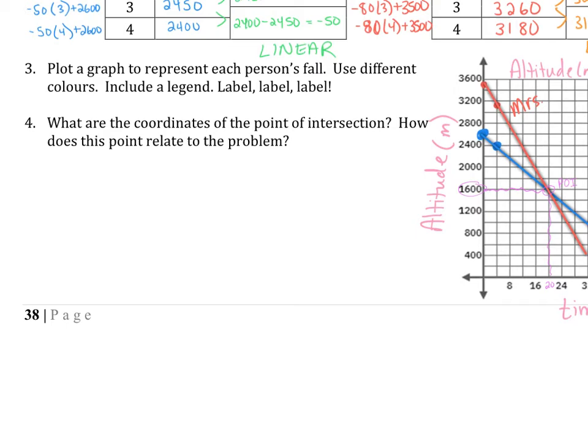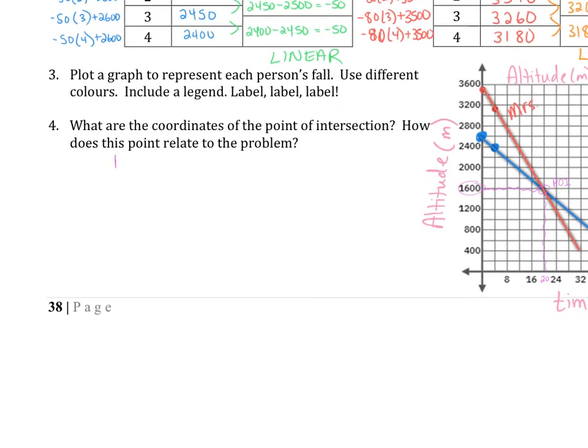So the point of intersection is about 20 seconds and 1600 meters. So that means 20 seconds, 1600 meters.